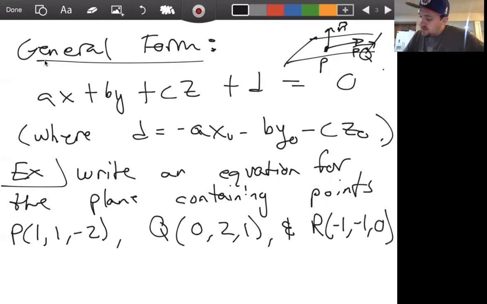Now the question is, what's the equation for the plane?